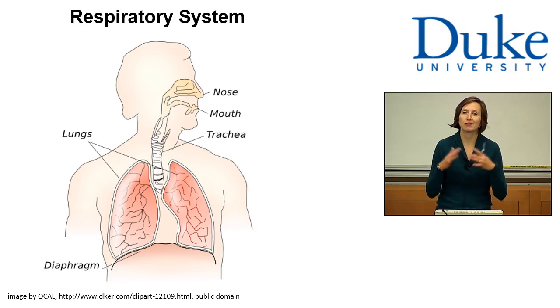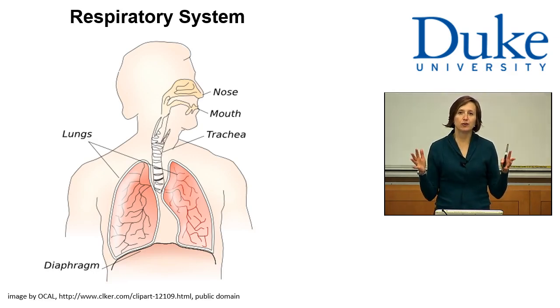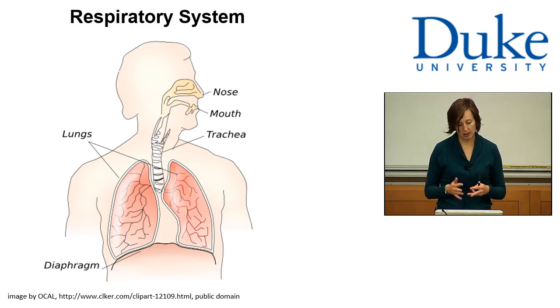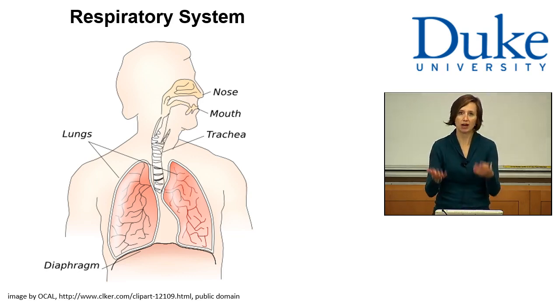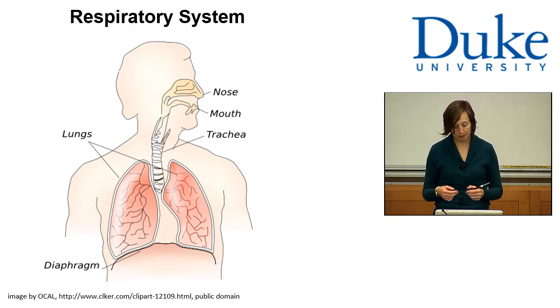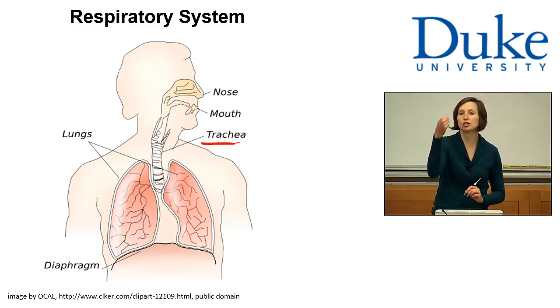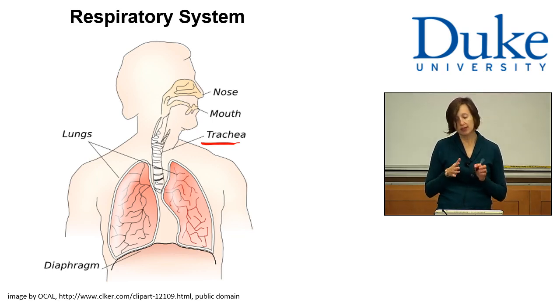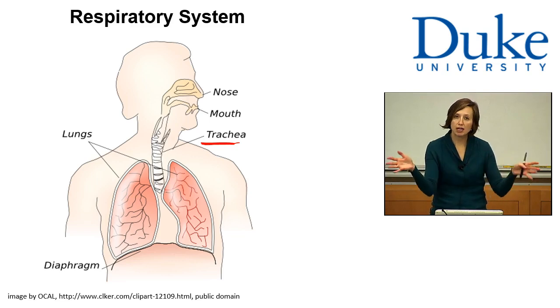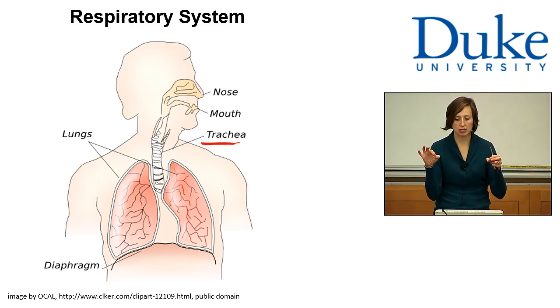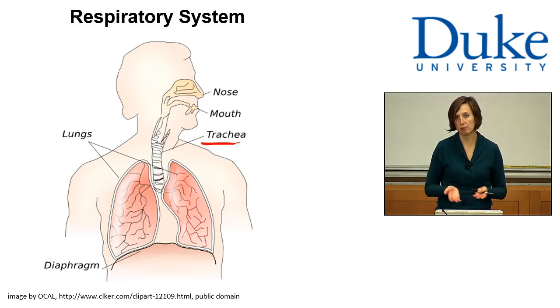So just in a very low mag view of the anatomy of the respiratory system, it's going to start with the nose and the mouth where air enters the body, and then the air is going to enter the trachea, which is a tube surrounded by rings of cartilage, and then the trachea will branch into bronchi that are also surrounded by cartilage, and then those will continue to branch more and more until we get to what's called the respiratory part of the lung, which we'll be talking about in a moment.